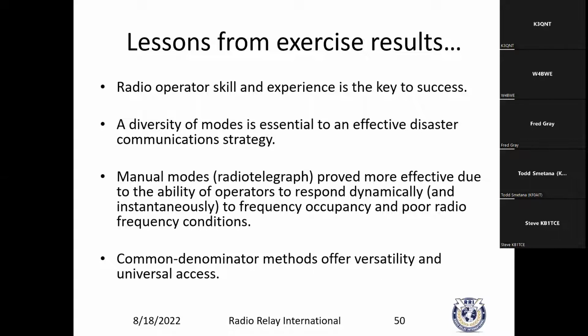And ultimately, common denominator modes offered versatility and universal access, right? Even with digital backdoor methods being used in Alaska, it was radio telegraph that handled the long haul circuit. So there's no mode parochialism there, right?